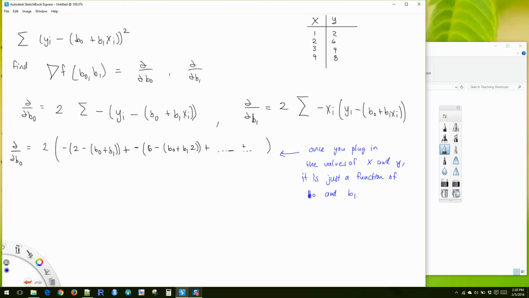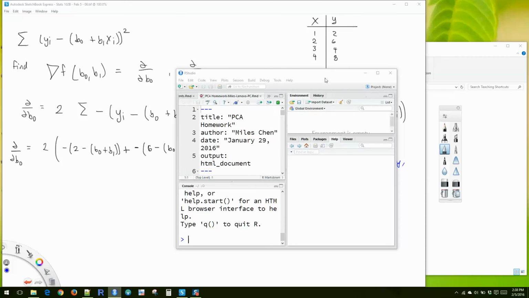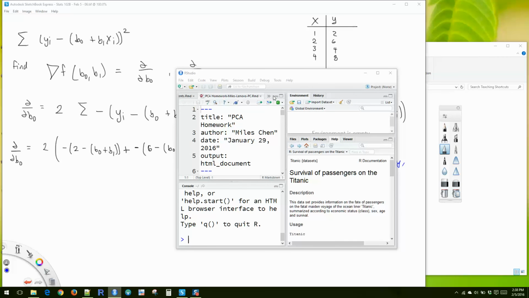Okay, so shall we try to program this? Let's see if we can do this. I'm nervous. We're going to be coding in real time here, which is always risky.